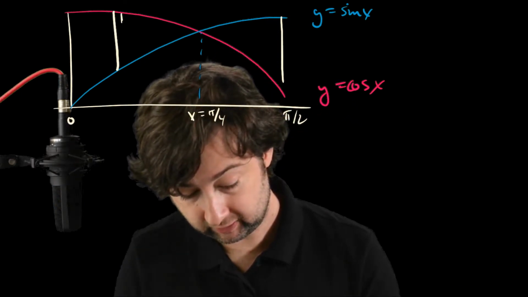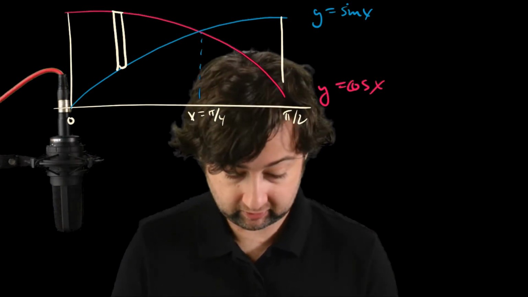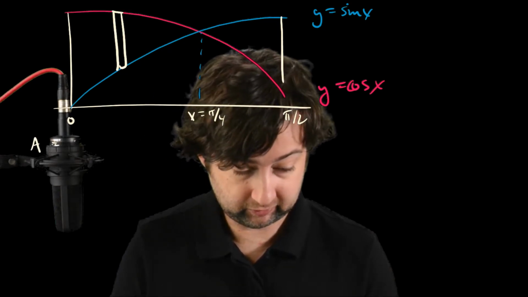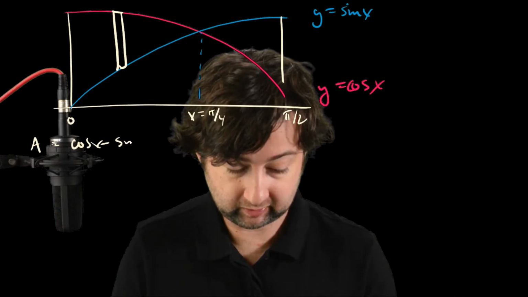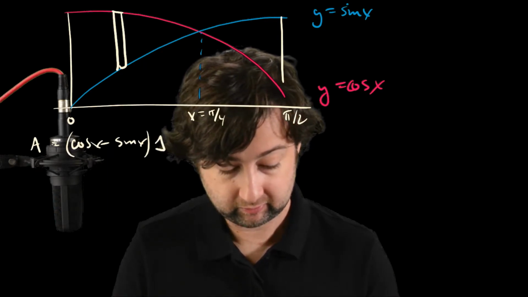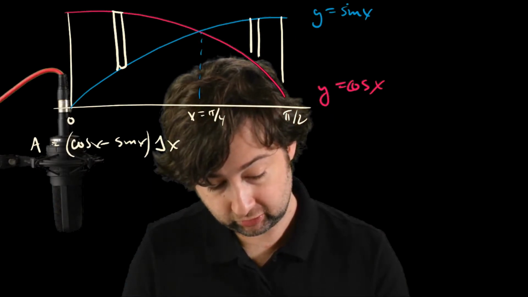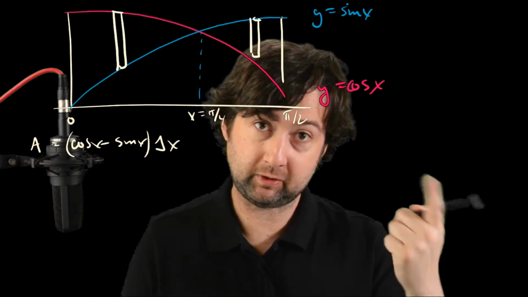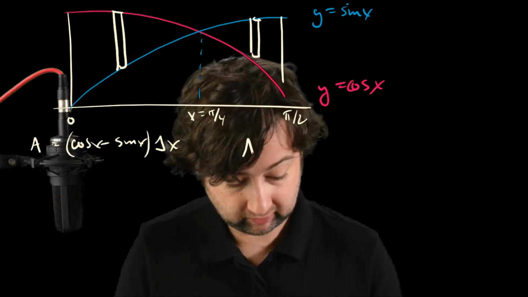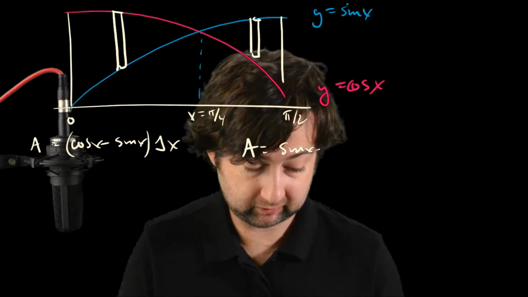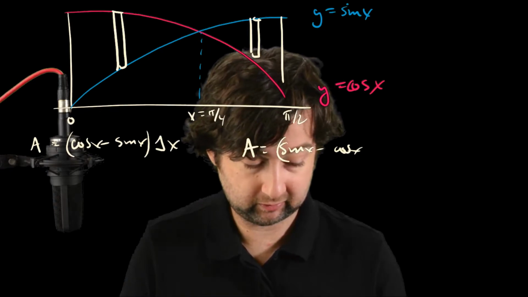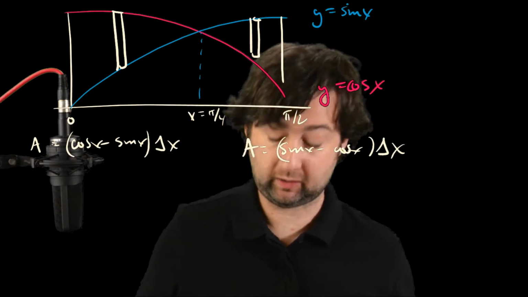The typical rectangle here looks like this. Its area is equal to the cosine of x minus the sine of x times an increment in the x direction. The typical rectangle for region 2 has the sine on top and the cosine on bottom, and so its area is going to be the sine of x minus the cosine of x times an increment in x.